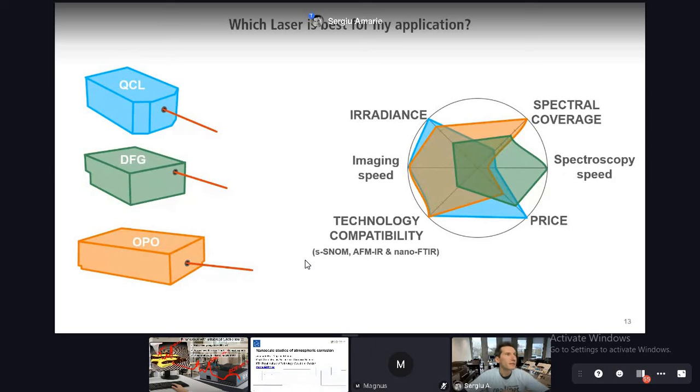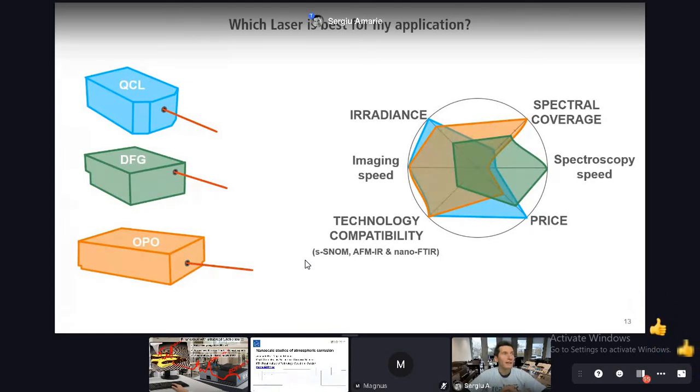Is the new laser a combination of OPO and DFG module? I believe from the technical point of view, you are right. So let me explain what OPO and DFG mean. OPO is an optical parametric oscillator. It's a laser where the beam goes several ways in the cavity, which means you go through the crystal many times, and for that reason the power you get out of that kind of laser is much bigger.